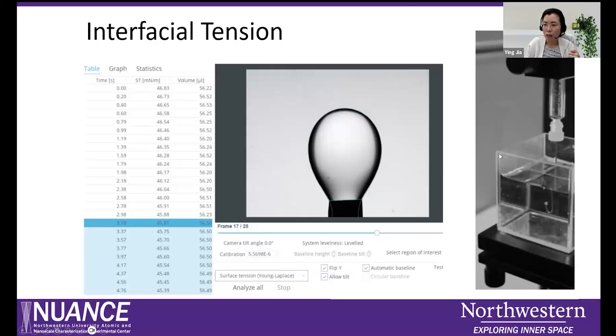This happens in the quartz chamber, which has very excellent optical properties, so even in the liquid you can still capture a very clear picture of the bubble or the droplet, and then you can calculate the interfacial tension between these two liquids, or between the gas and the liquid.